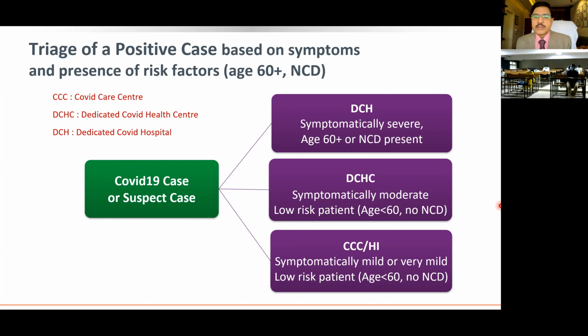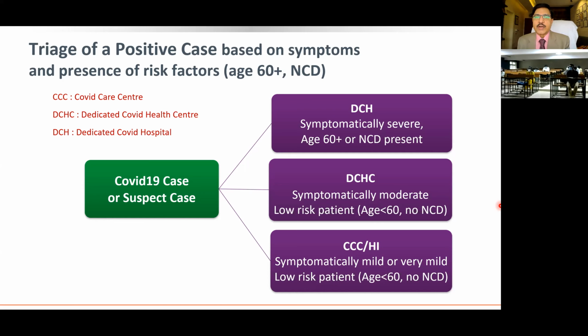CCC or home isolation is for symptomatically mild or very mild or asymptomatic illness who are tested positive, who are less than 60 and have no comorbidities, and where there is a facility to isolate the patient separately. In the absence of that, they will be in the COVID care center.